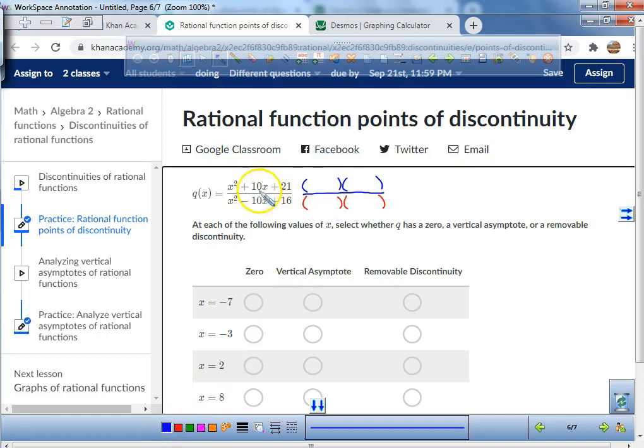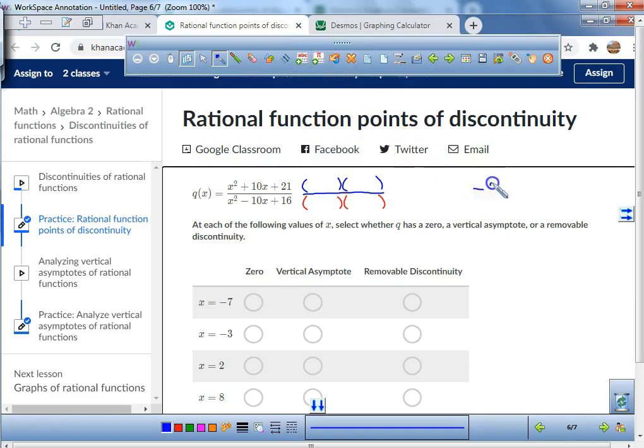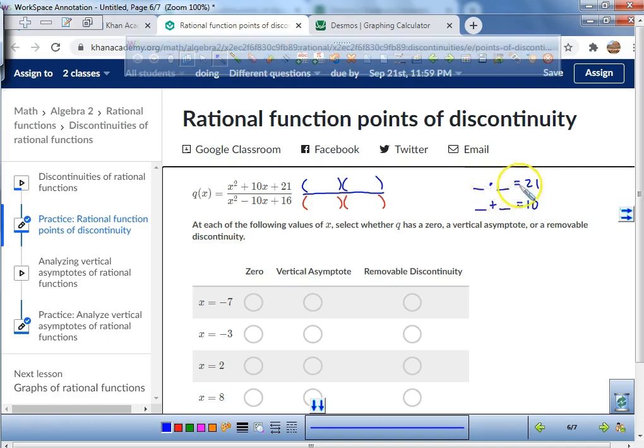So on this one, what 2 numbers multiply together to equal 21, but they add together to equal 10? All right, what 2 numbers multiply together equal 21, add together equal 10? That's going to be a 7 and a 3. So I'm going to put x plus 7 and x plus 3, just like that.